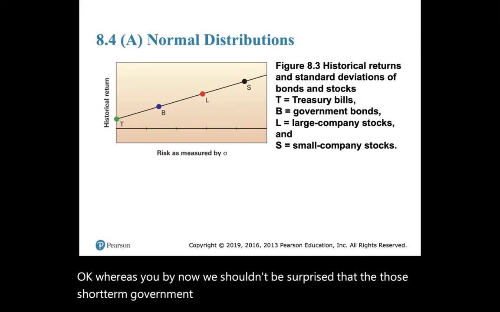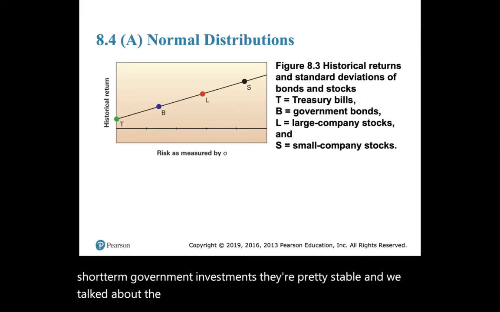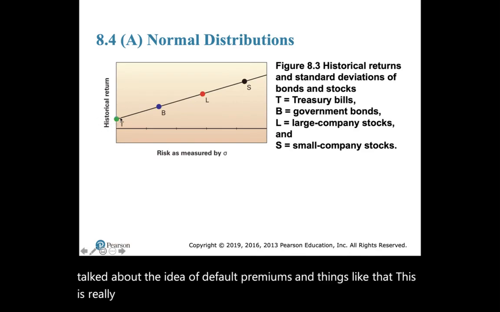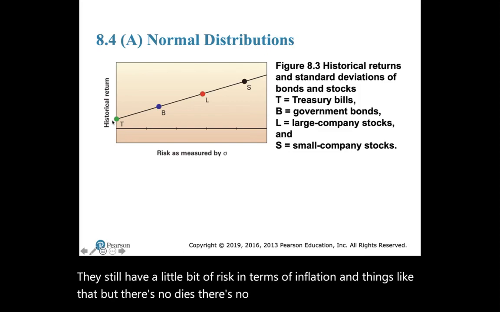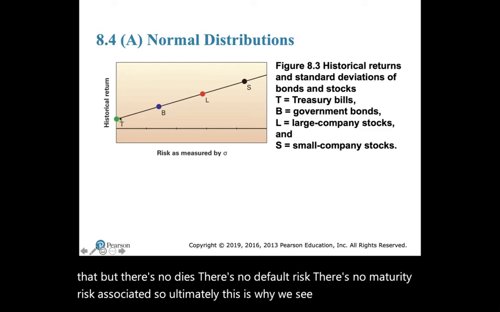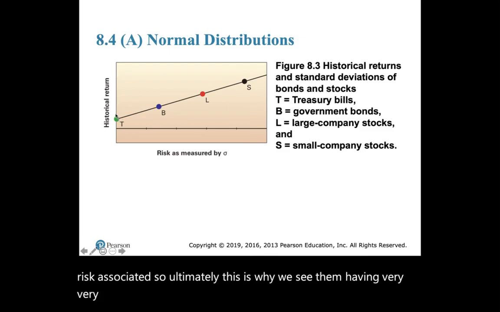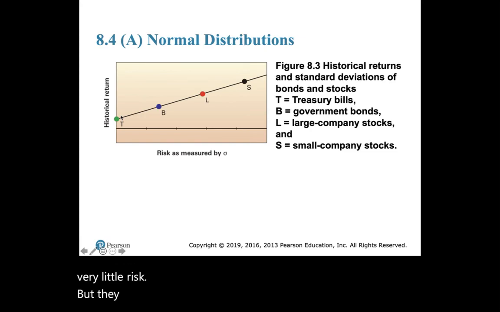We talked about the idea of default premiums and things like that. This is really the lowest risk investment you can make. Risk-free kind of investments still have a little bit of risk in terms of inflation and things like that, but there's no default risk. There's no maturity risk associated.